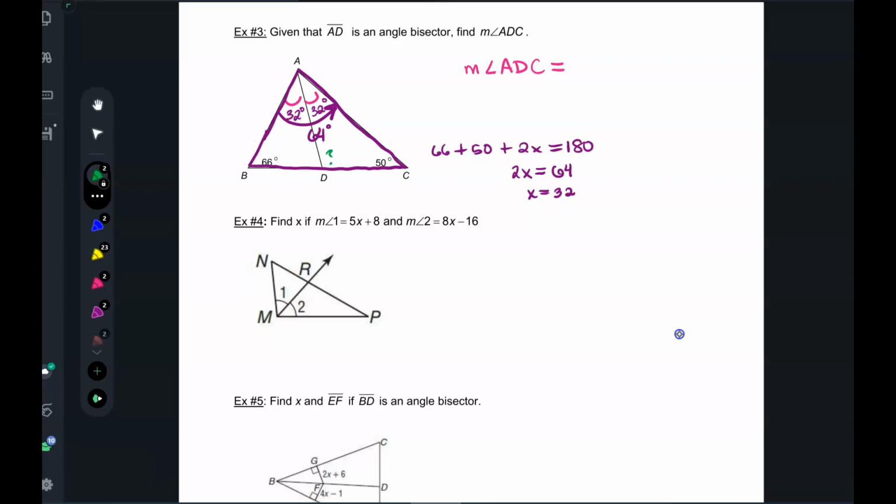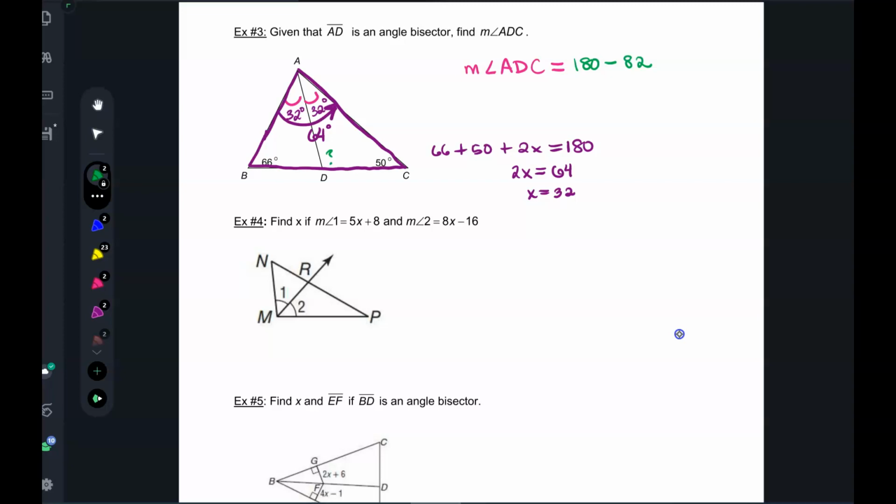Could I ignore the little triangle on the left? Yeah. 32 plus 50 gives us 82. So 180 minus 82 would be 98. Where's 82 from? These two added together.